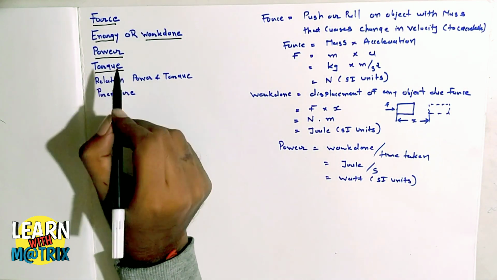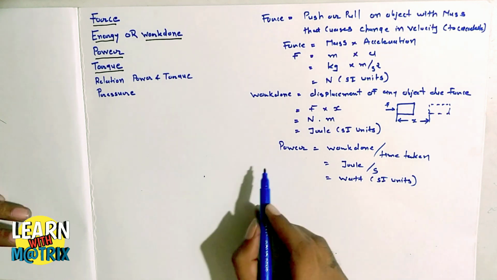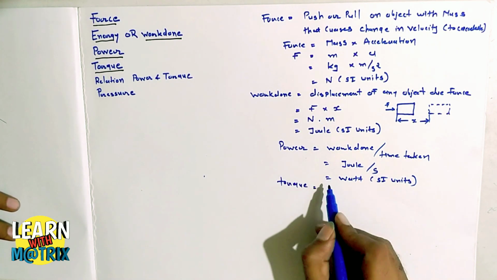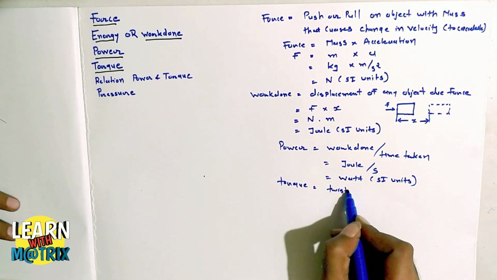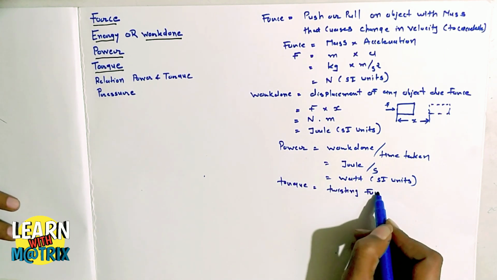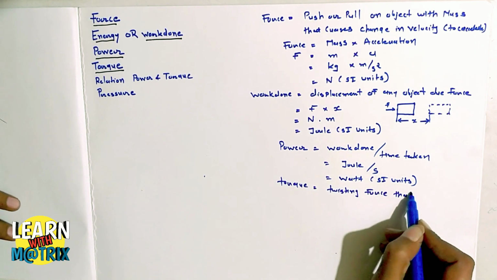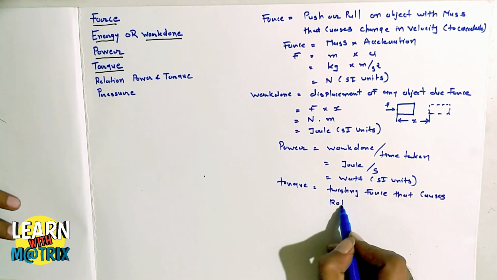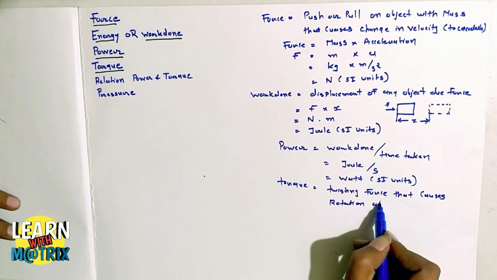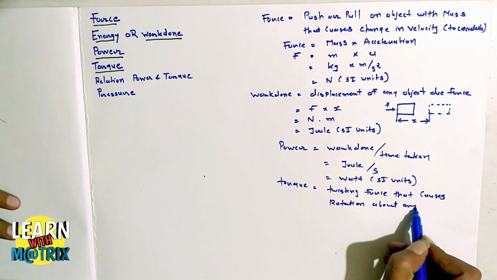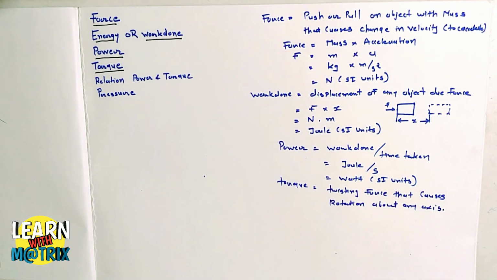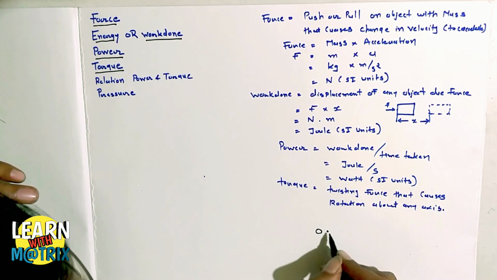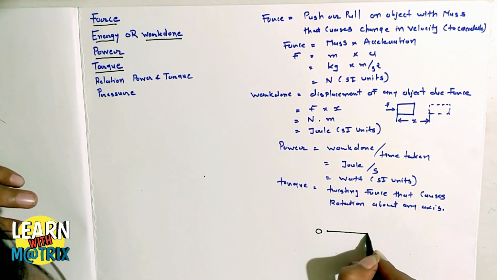Now for torque. Torque is equal to twisting force that causes rotation about any axis. Let us consider an axis O. Let's take any lever.